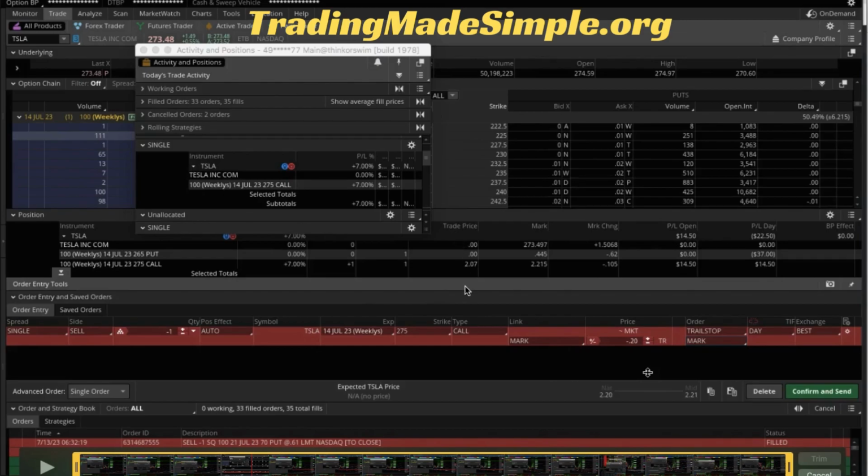So as you can see in this example, I'm in this Tesla call, and the profit on that 7% is $14. If I set this trail stop on right now for 20 cents, you see how it says negative 20 cents.